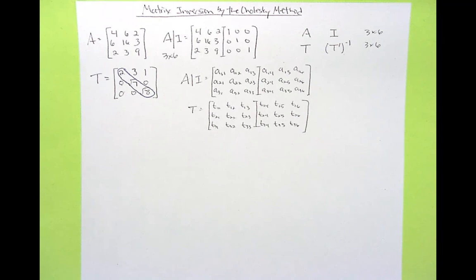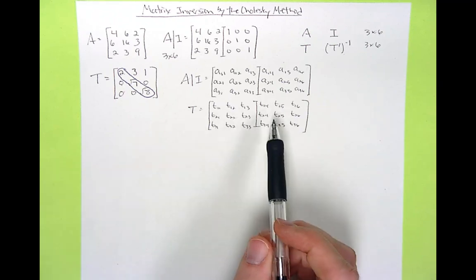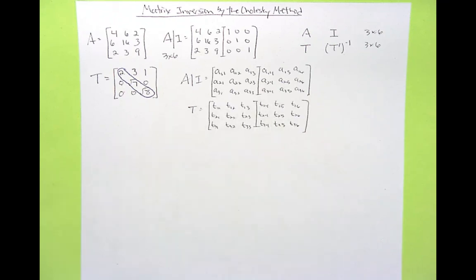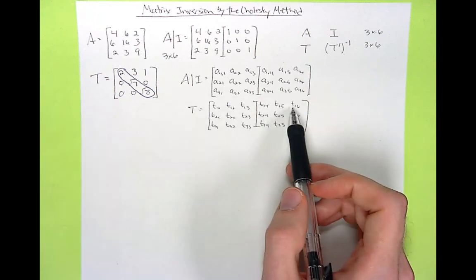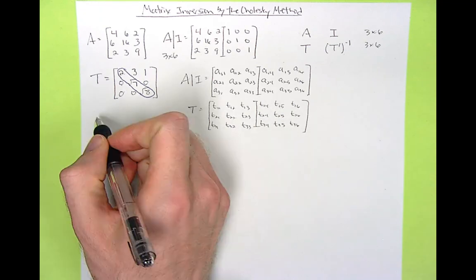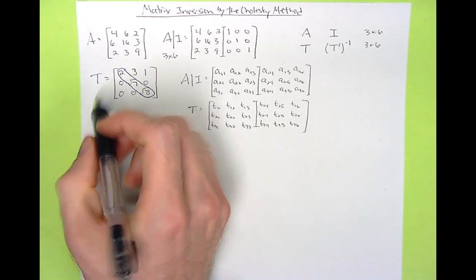So we only use 2 of the formulas, the one that gives the remaining elements in the first row and the one that gives the remaining elements in the successive rows, the second and third. So for the first row, the additional entries are T14, T15, and T16, and we can find them using the formula that we learned before.